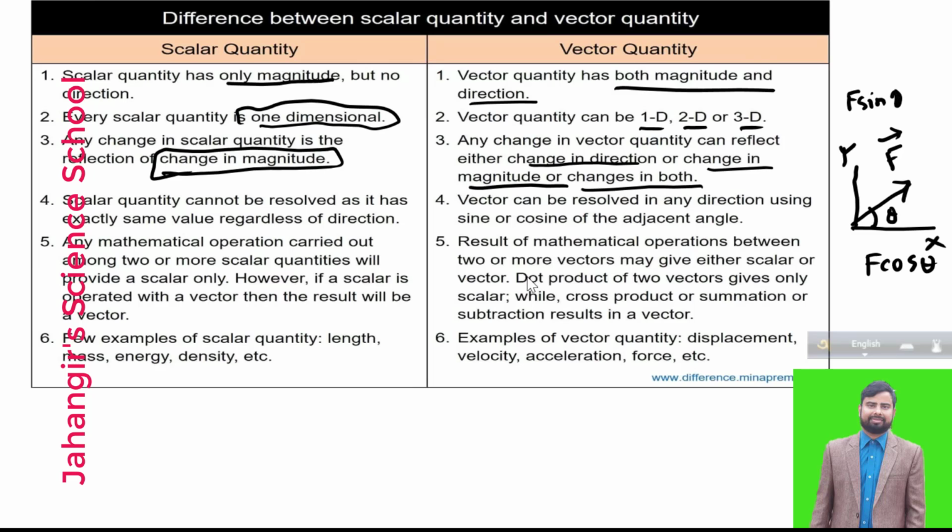So that's why there is a resolution or component in any direction. A vector quantity can be resolved in any direction using sine or cosine of the adjacent angle.